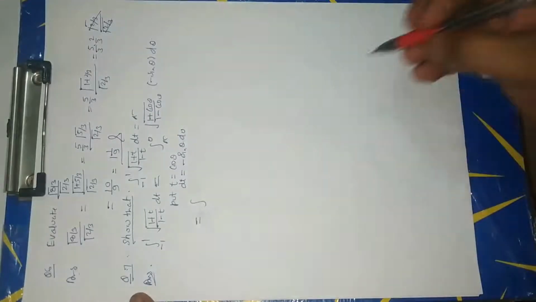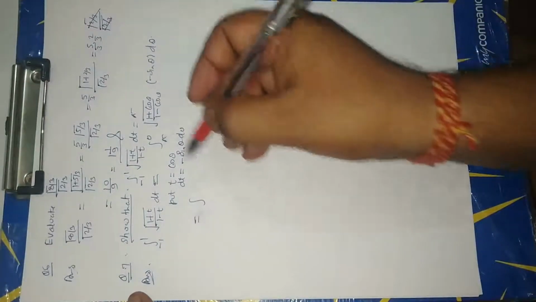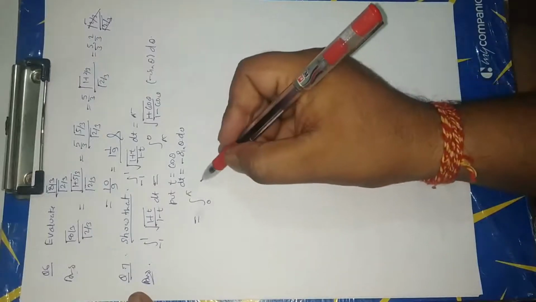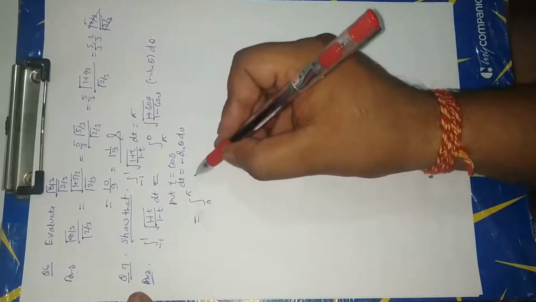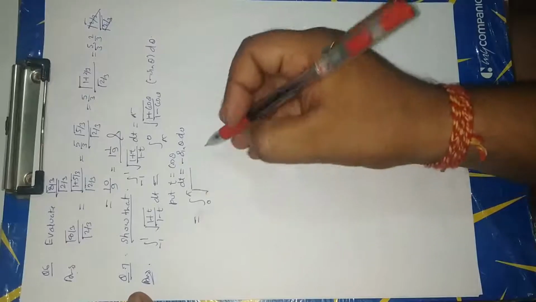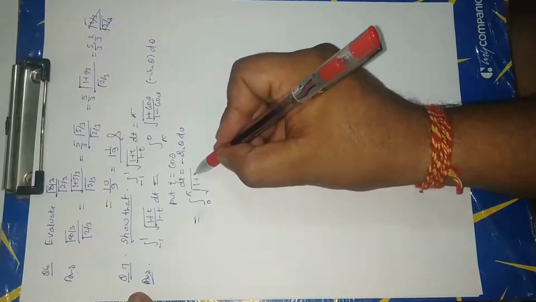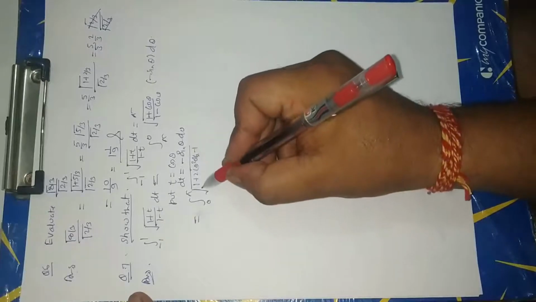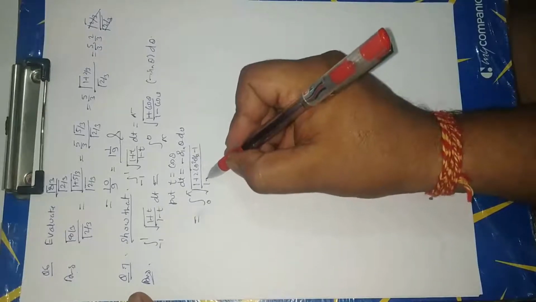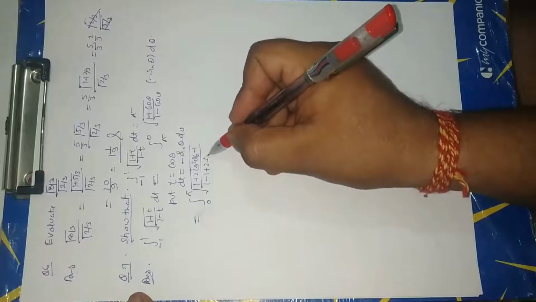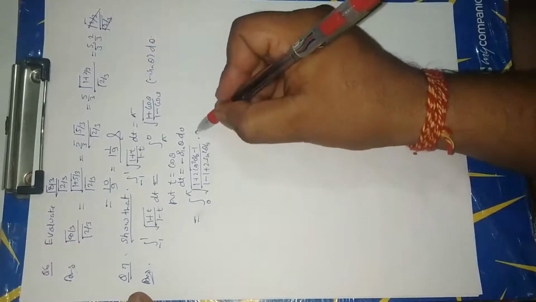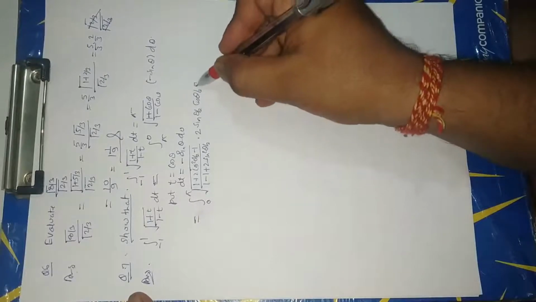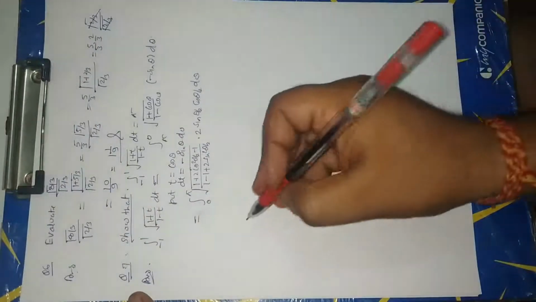The negative sign changes the order of the limits, that is 0 to pi. Root of 1 plus 2 cos square theta by 2 minus 1, upon 1 minus, plus 2 sin square theta by 2, times 2 sin theta by 2 cos theta by 2 d theta.